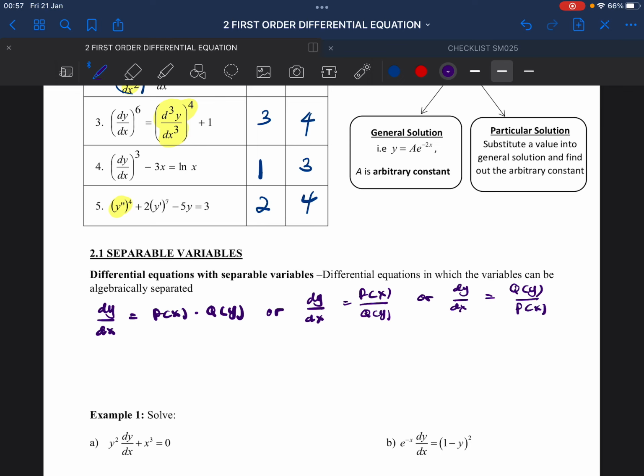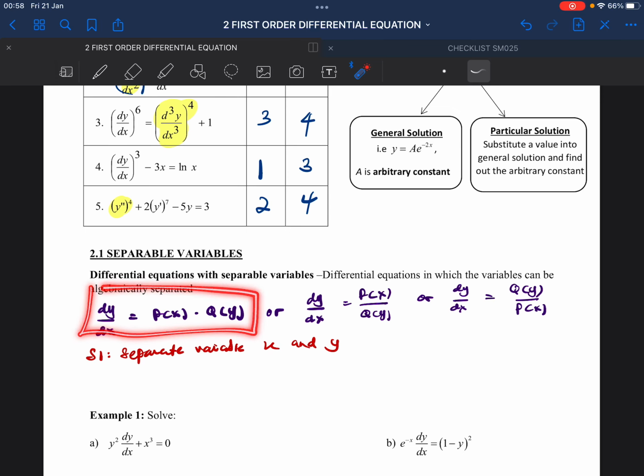Okay, so what you have to do to solve by using separable variables, the first step, you have to separate variables x and y. Let's see this part here. Let's say this is your equation. What you have to do is separate dy and y on one side and x on the other side. Here we have y, so you have to transfer y here. dx you have to transfer there.